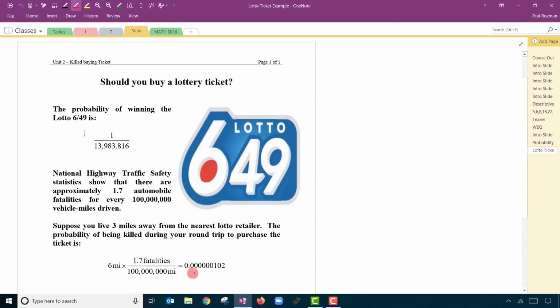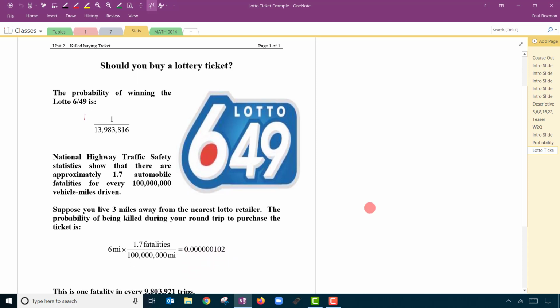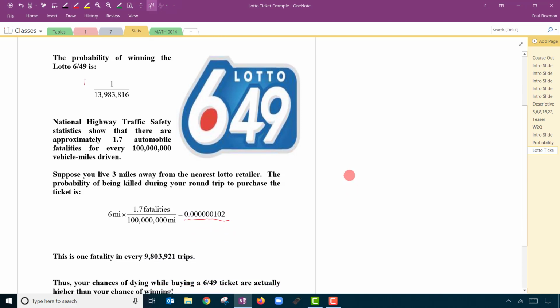And that gives me this probability, which is a fairly low-looking number. But when you convert this decimal into a fraction, it's 1 in almost 10 million trips. So if I go to buy lottery tickets 10 million times, I expect to die one time.